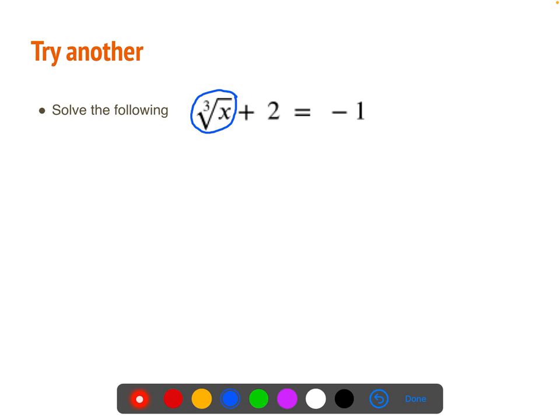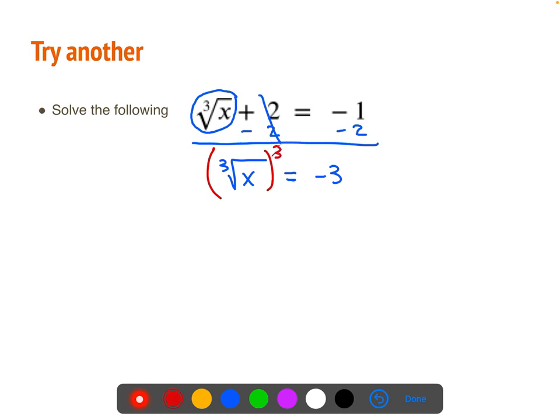I'm going to check to see if he's isolated. Here's the cube root. Oh, he's got a 2 over here, so bye-bye 2. So minus 2 on both sides. So now I've got the cube root equals negative 1 minus 2 is negative 3. Now he's isolated. So I'm going to cube, because that's the inverse, cube both sides.